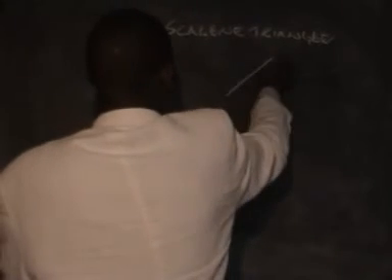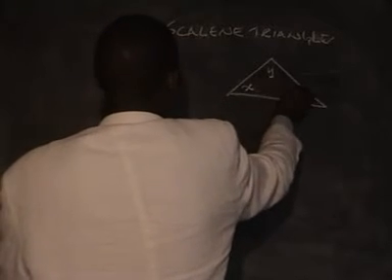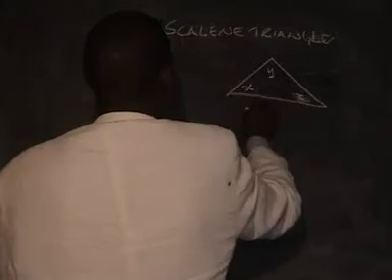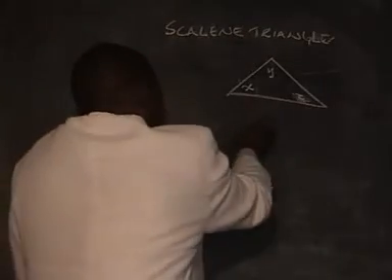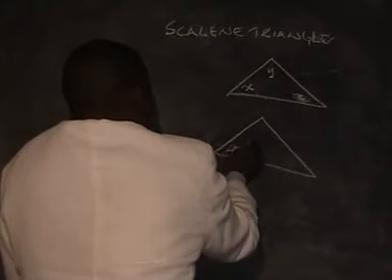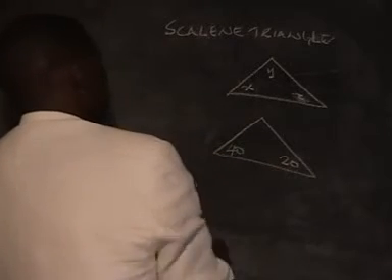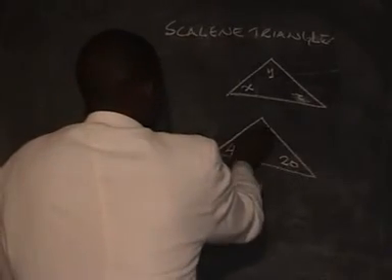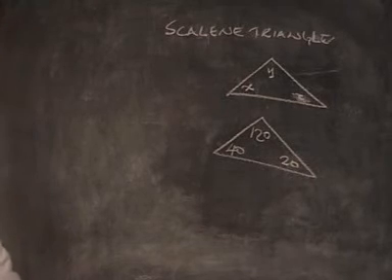A triangle like this one, whereby if I can demonstrate, this is X, this is Y, and this is Z. I am using 3 different letters to show that even these angles are totally different. An example of a scalene triangle is where we can have this angle to be 40 degrees, this other one to be 20 degrees, whereas 40 plus 20 is 60, meaning that this other one is 120 degrees. Such a triangle is said to be a scalene triangle.